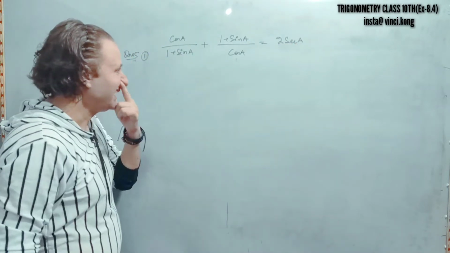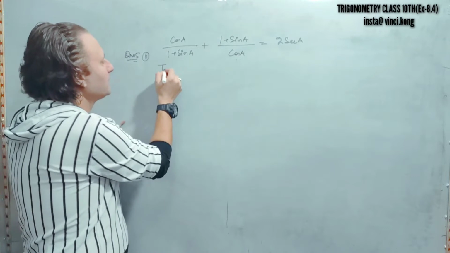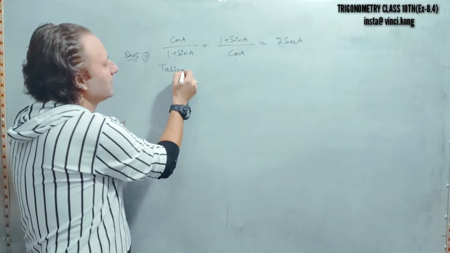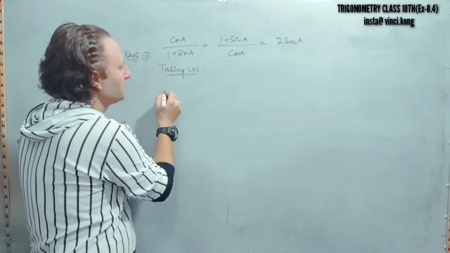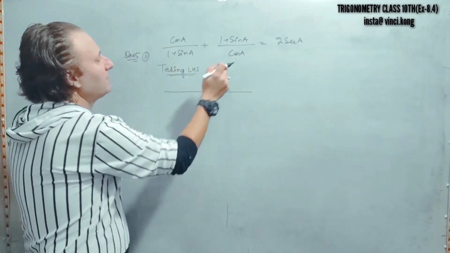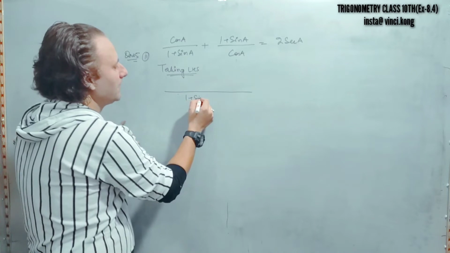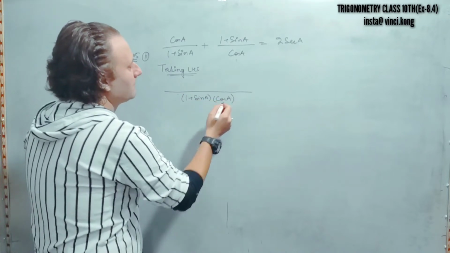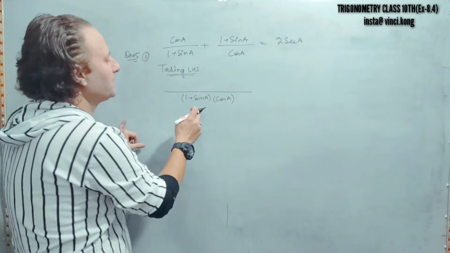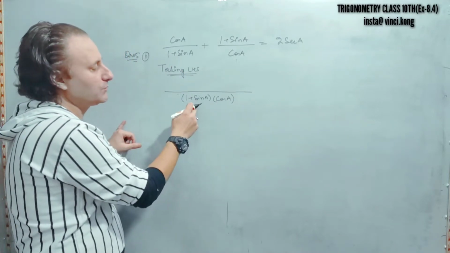Okay. Now here also I will take LHS. Taking LHS, I'll take the LCM. I have 1 plus sin A and I have cos A. So 1 plus sin A in the denominator, 1 plus sin A here also in the LCM.